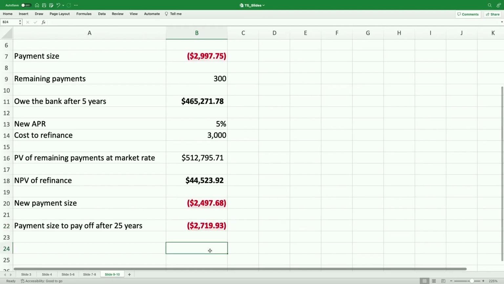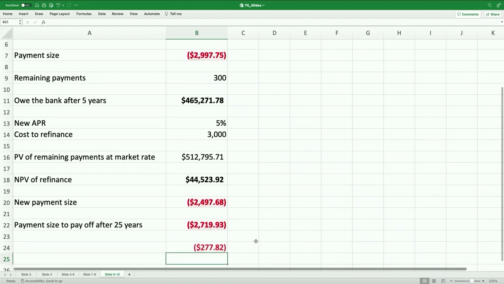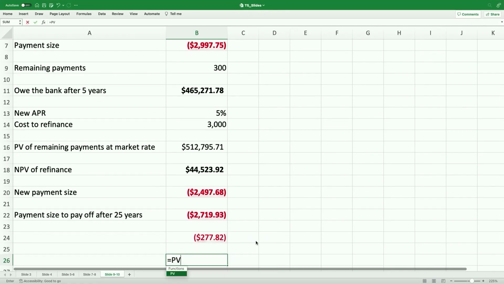Okay. Just to see consistency, let's take the difference between the two. The difference between the two is about 280, right? Let's take the present value of that difference.